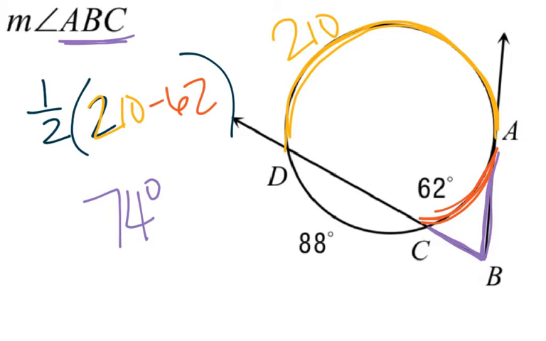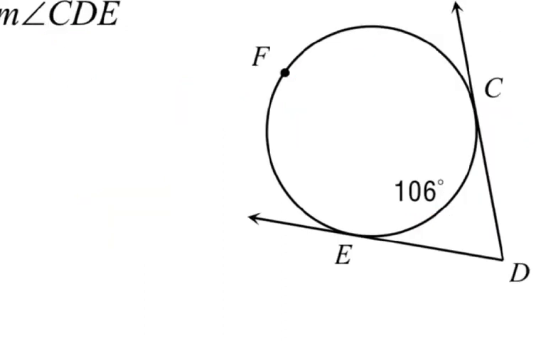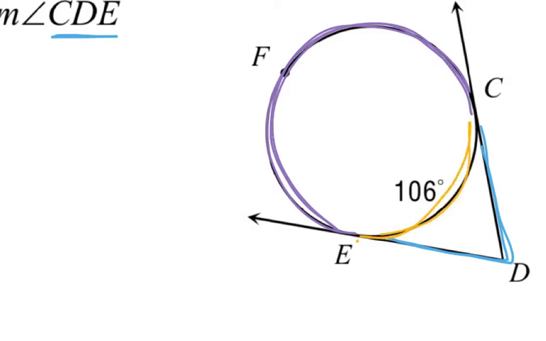Then we're just going to do one more, basically the same thing. We want to find the measure of CDE. So here's CDE. It's going to be equal to the big arc, which we don't have but we can find, minus the little arc. So we know that the yellow arc is 106. We know that an entire circle equals 360.